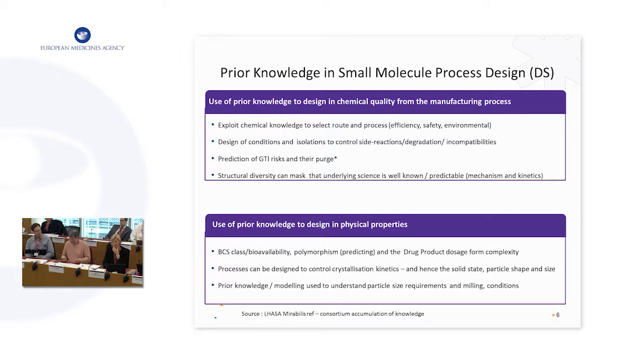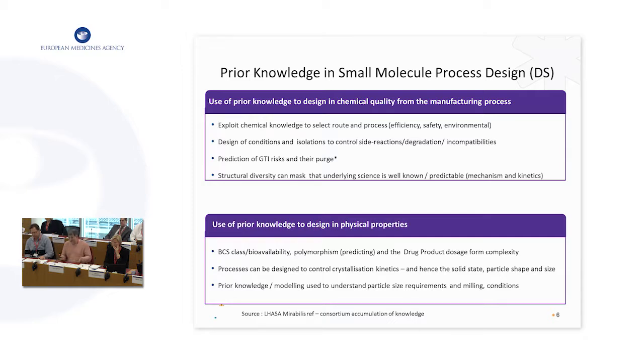Massive knowledge there. But interestingly, it goes beyond that, because industry can design in the right isolation points, the right purge points, the right conditions such that impurities are minimized. So this design from fundamental principles affects those real outputs in a very prior knowledge-based way. Even though the structures are different, the prior knowledge use is there.